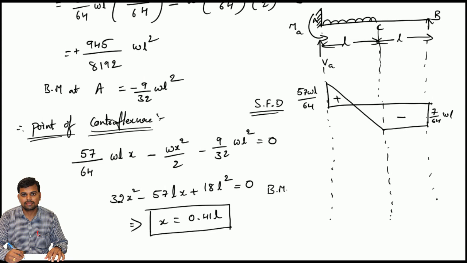And if you consider the bending moment diagram for this, A to B, here at point C you have to apply it, and if you consider where the shear force is changing its sign, up to this particular distance, it is 0.41 L. So here at the end A you got 9 by 32 WL square.